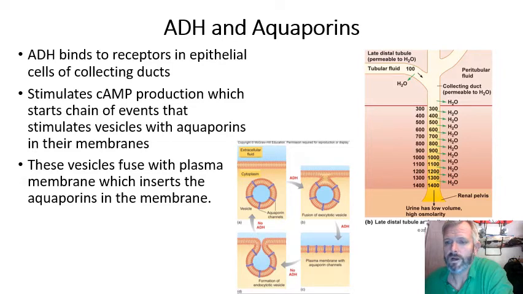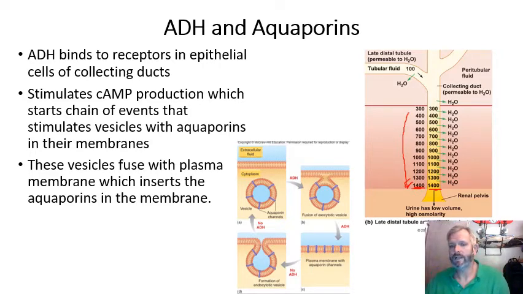Because if water can leave, what direction is it going to go? It's going to go back into the body. It's going to leave the tubule because we're coming in at 100, and look at the gradient. As we move further down, it's higher and higher osmolarity. Water's going to continually leave until the filtrate is basically matching that of the medulla.